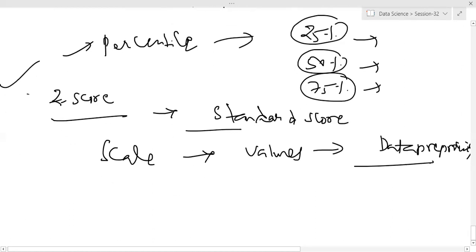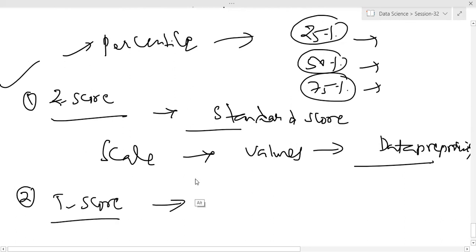Now I am introducing you one more score called the T score, or T test. Sometimes, friends, there is a possibility that we are not aware of the population and we don't know the standard deviation of the corresponding population, and we are completely working on the sample data only.